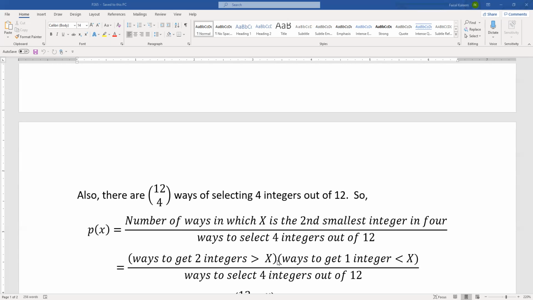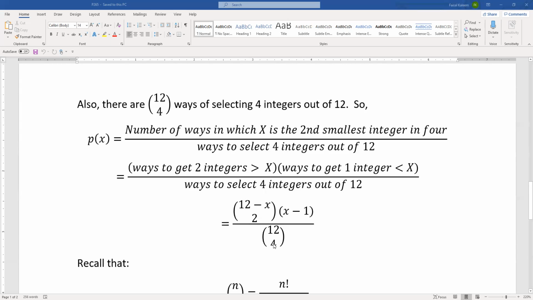So that's why we have a multiplication here. And we already figured out 2 integers larger than x can be obtained in 12 minus x combination 2 ways, and 1 integer smaller than x can be obtained in x minus 1 ways. And 4 integers can be selected out of 12 in 12C4 ways.